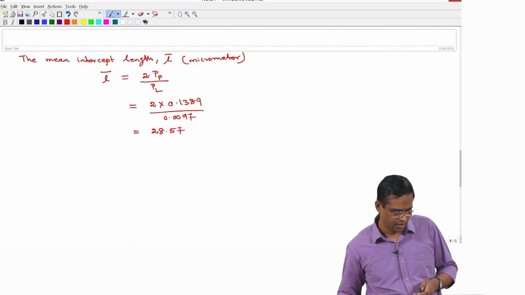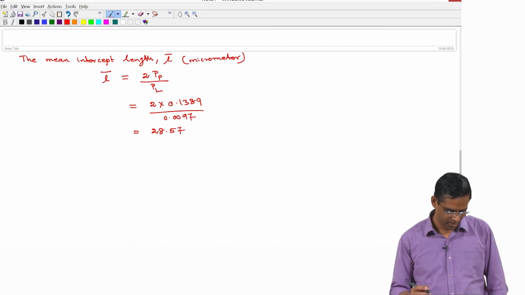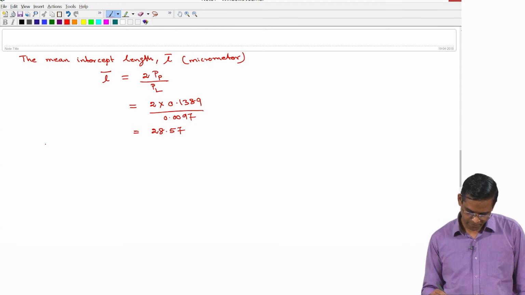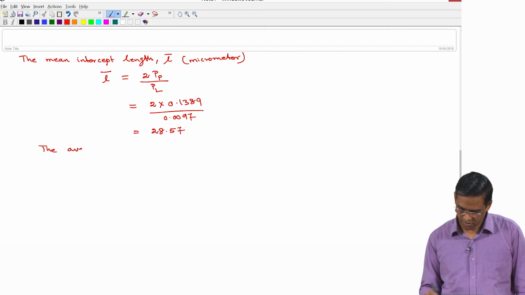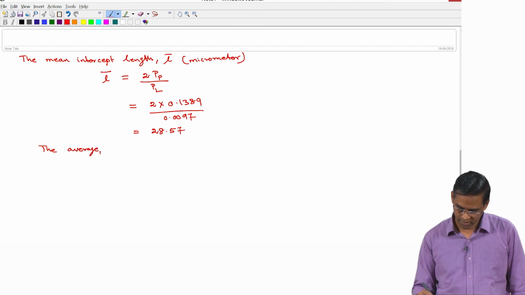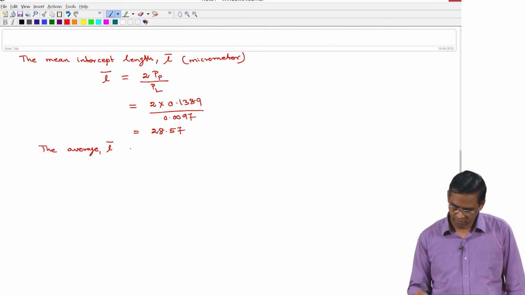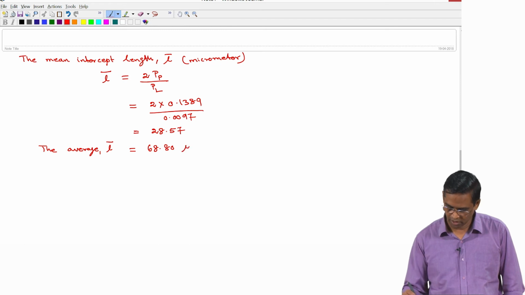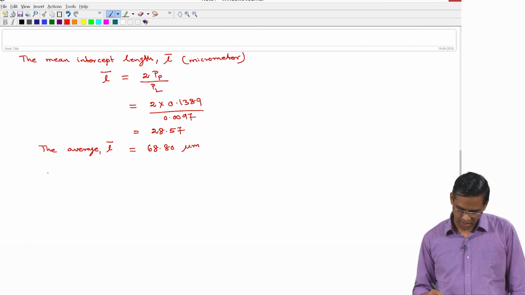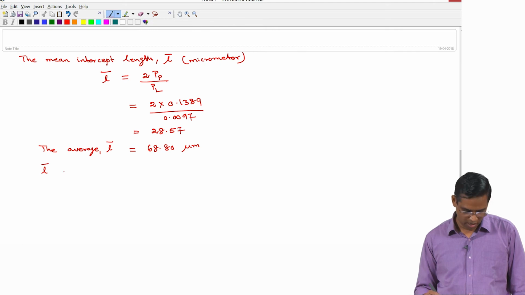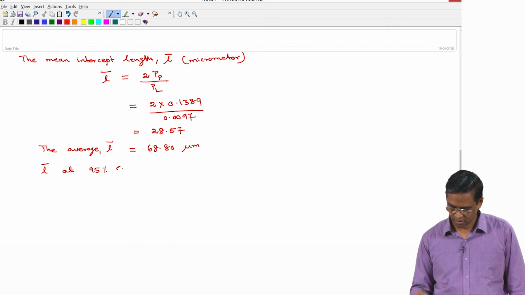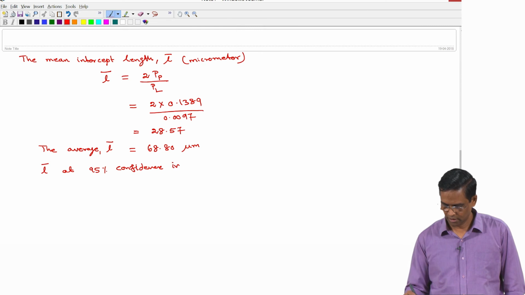So, what we can now do is again do the exercise. Let us write the average mean intercept length as per the Excel sheet, it is 68.80 micrometer, and we would like to represent L bar at 95% confidence interval.